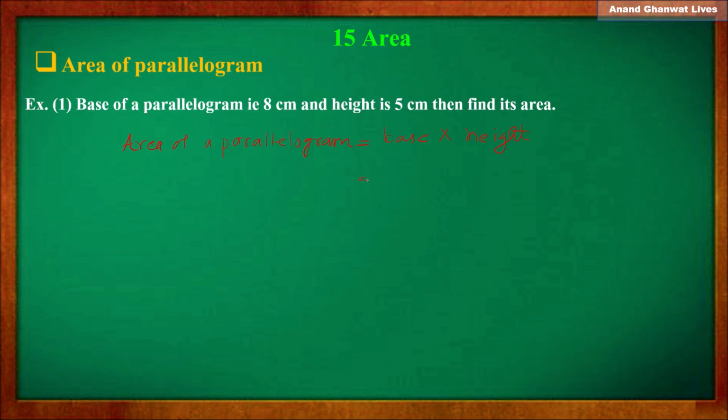The base of the parallelogram is 8 centimeter and the height is 5 centimeter. 8 into 5 is 40. So 40 square centimeter is the area of that parallelogram. Okay, now next example.